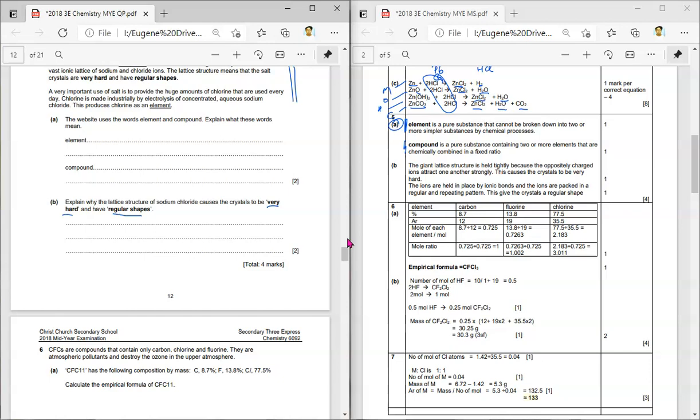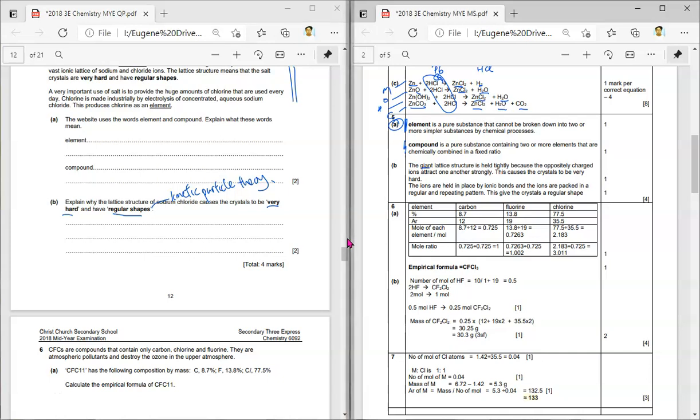This has to do with your bonding, plus a little bit of your kinetic particle theory. The regular shape part is from the kinetic particle theory. First, let's go for the very hard part. Generally it's very hard because the ions are held strongly together.